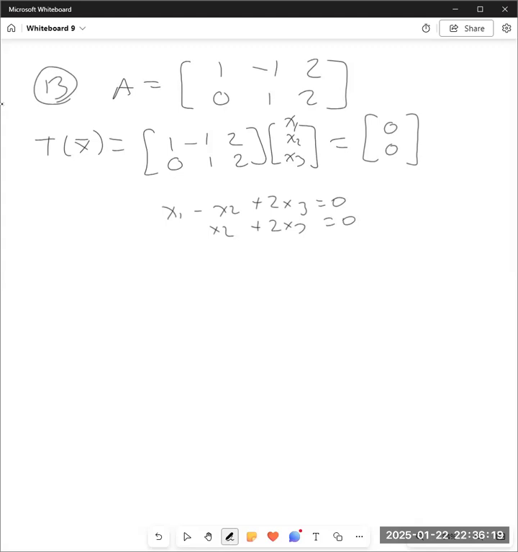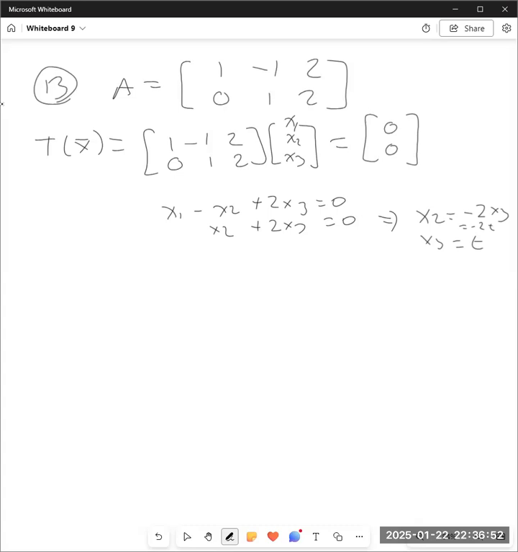Solving this, the second equation turns into x2 is a negative 2x3. So that tells me that x3 is equal to t, and x2 is negative 2t.